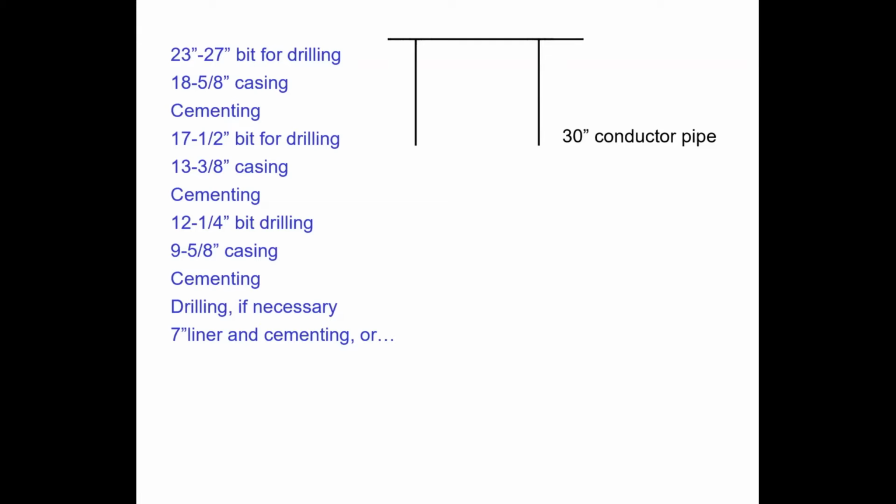The reason is that once we are drilling, we have a heavy rig at the top here. If you don't have the conductor pipe, it will excavate underground.